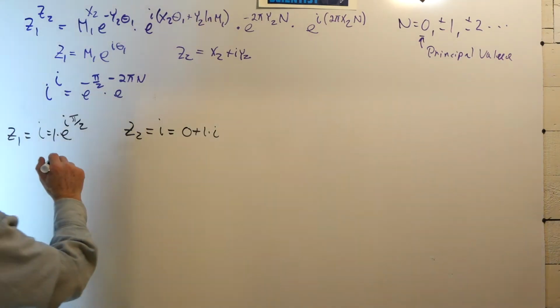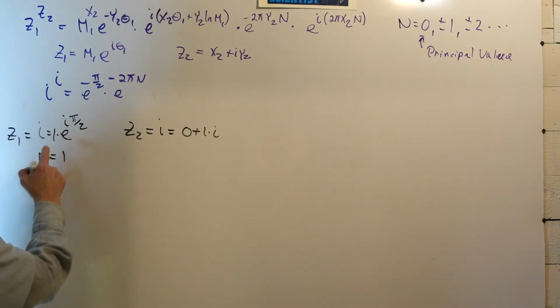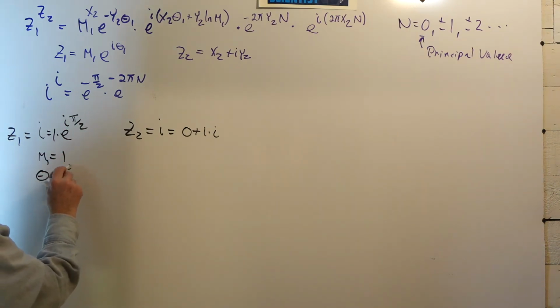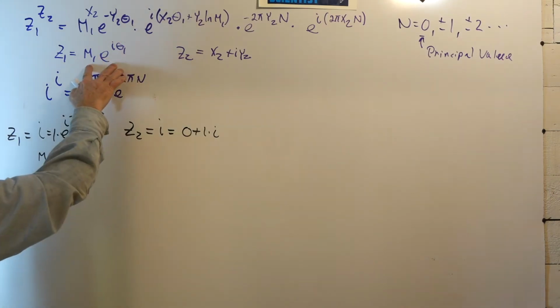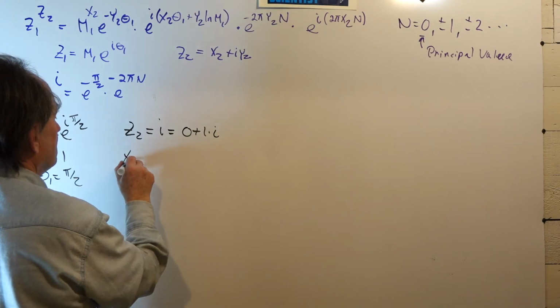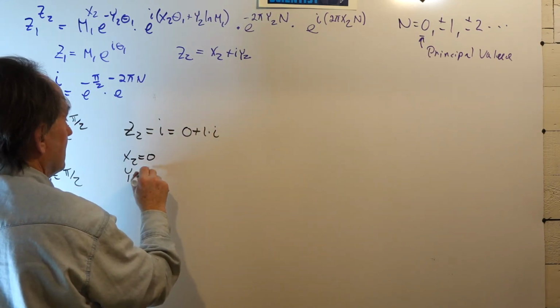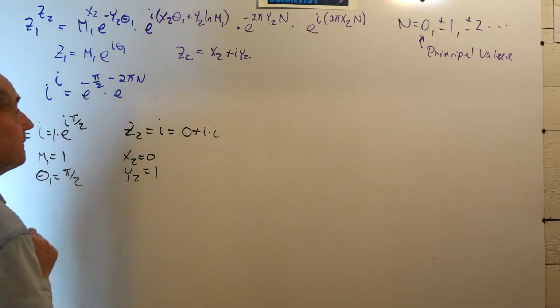Our m1 then is equal to 1. Our theta 1 is pi over 2. And for z2, our x2 is 0, and our y2 is equal to 1.